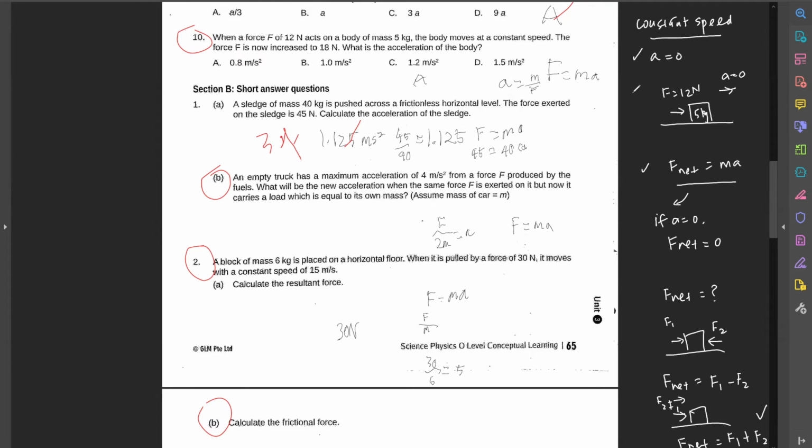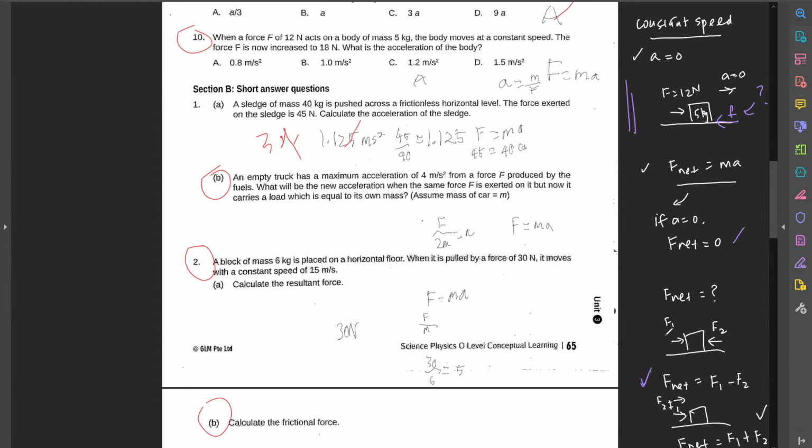And then back to this portion. Down here, acceleration is zero. That means resultant force is zero, which means there is a force acting on this that is causing the resultant force to be zero. So you will have to find out what is this F. So then we make use of this point here.